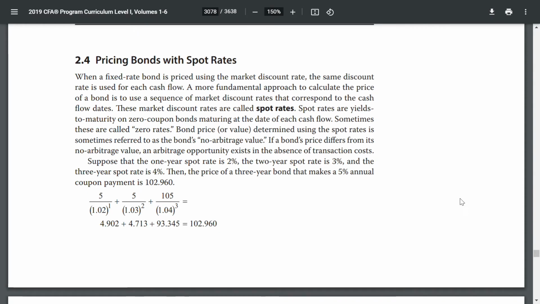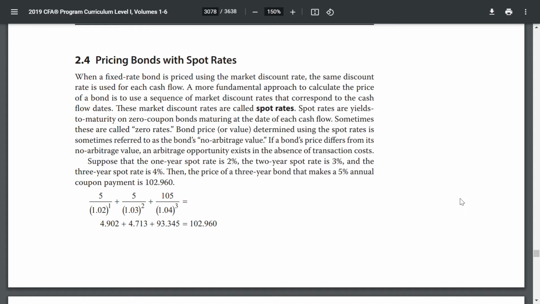Spot rates. When a fixed rate bond is priced using a market discount rate, the same discount rate is used for each cash flow. A more fundamental approach to calculate the price of a bond is to use a sequence of market discount rates that corresponds to cash flow dates. These market discount rates are called spot rates.